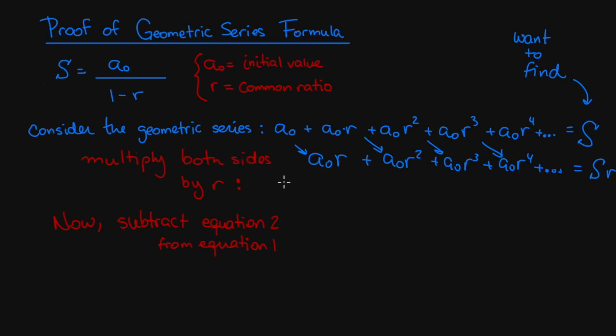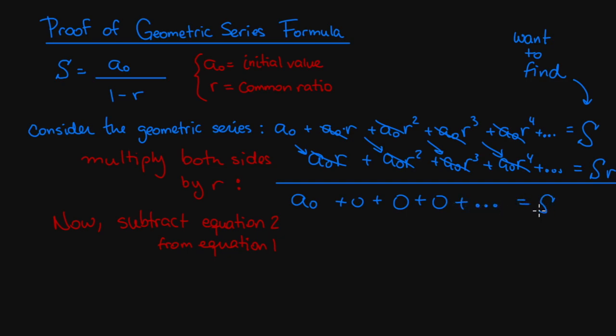I get a0, that stays. But then all the other terms end up canceling out because I have one a0 r on top and one a0 r on the bottom. And it's the same for all other terms. So I get a0 plus a bunch of zeros on the left hand side.